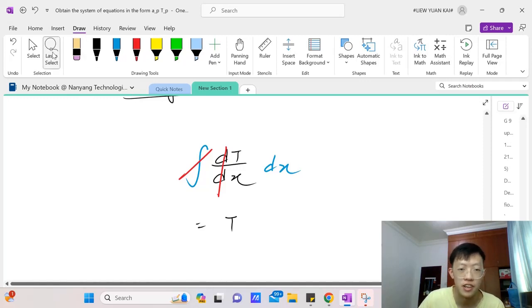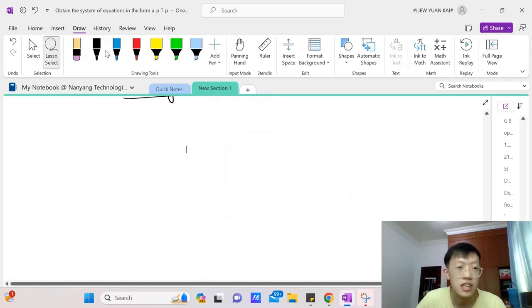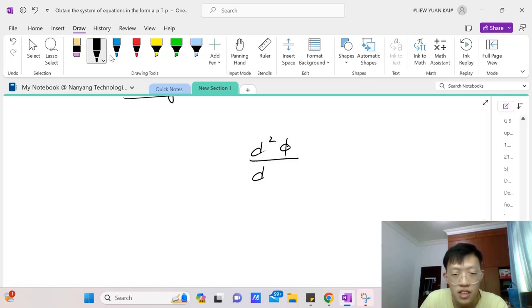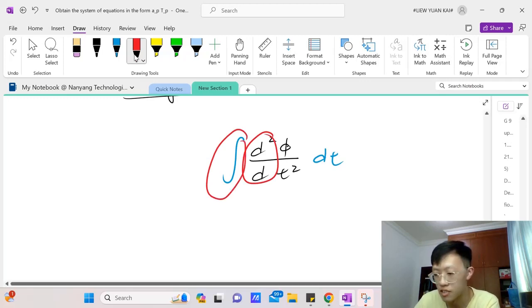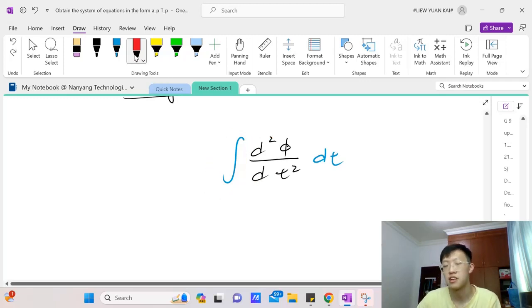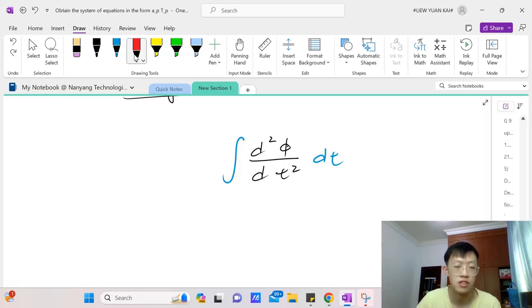Now let's have another example. Let's say I give you d squared phi over dt squared, and now I ask you to integrate with respect to time. This is the second derivative, and this is an integral. Integrals and derivatives are opposite effects, so the integral will cancel with one of the derivatives.